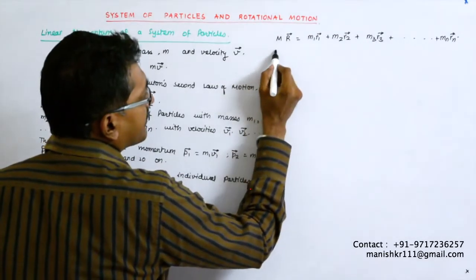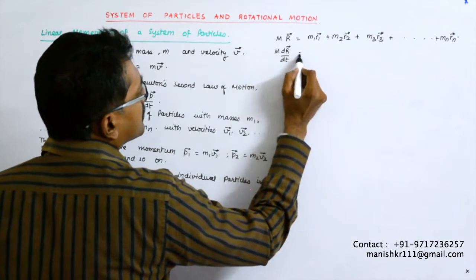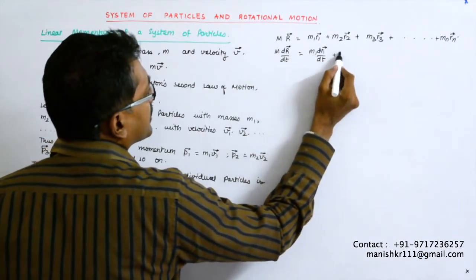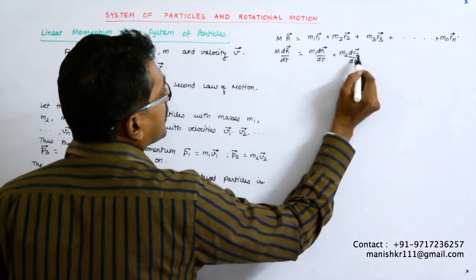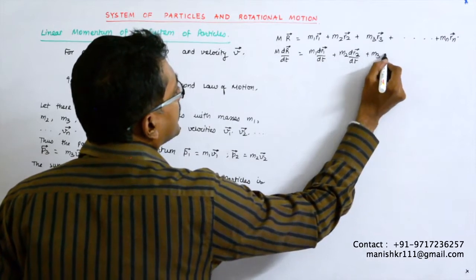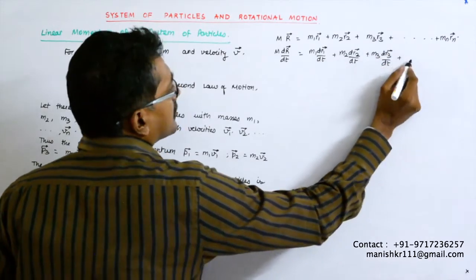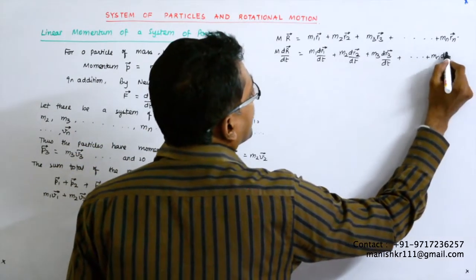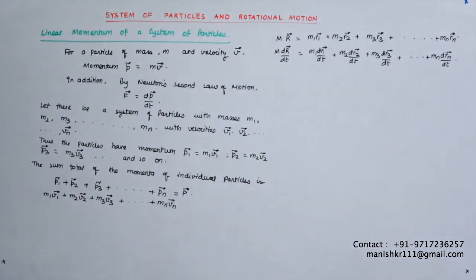And then we found the derivative of this, so we got m1 dr1 upon dt plus m2 dr2 upon dt plus m3 dr3 upon dt plus mn drn upon dt. Now what is that equal to?